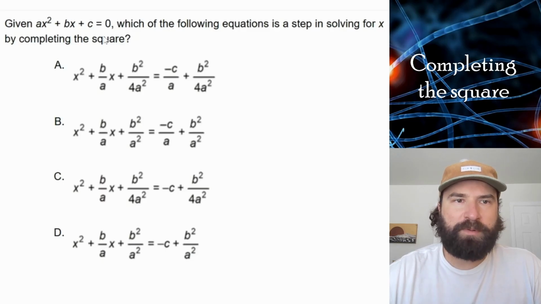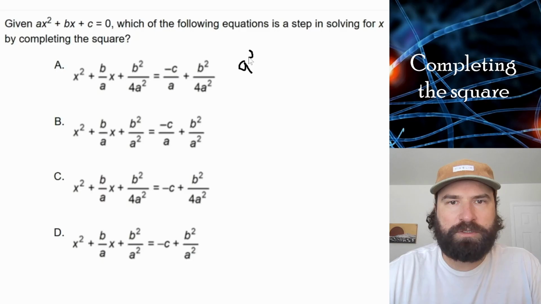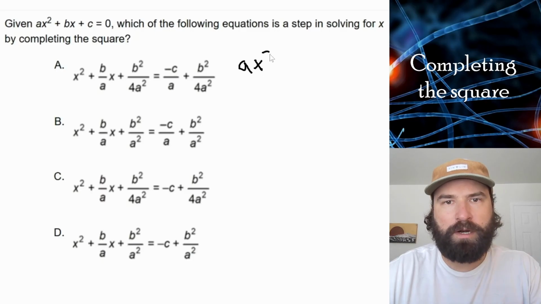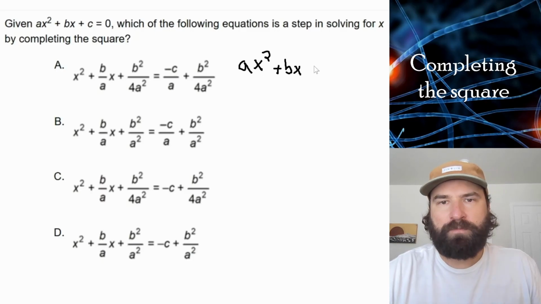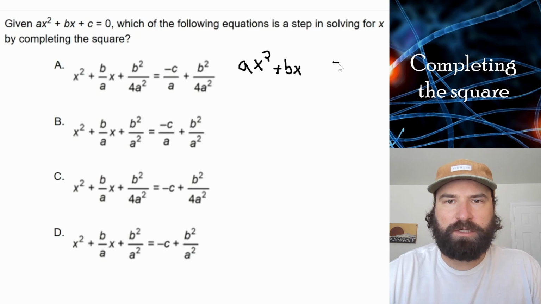The first step in completing the square is to move c to the other side of the equation. So start off with just moving that c over. We'll have ax squared plus bx, and I'm going to leave space here because we end up adding something to this side of the equation, and then I'm going to have negative c on the other side.